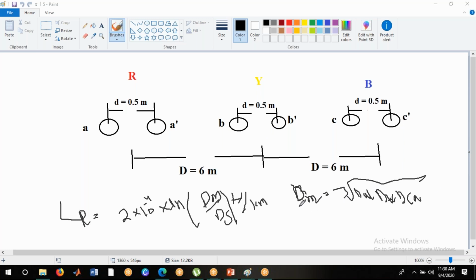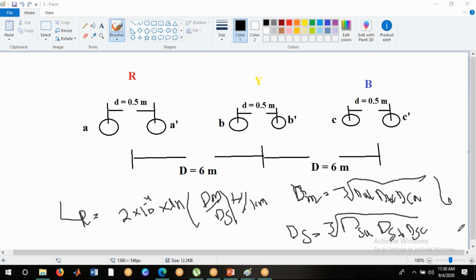So this is the way of finding the dm value. dm is equal to the cube root of the GMD between A and B, B and C, and C and A. Then only we can find the total GMD value. And ds value we can find, ds is equal to the cube root of DSA, DSB and DSC.